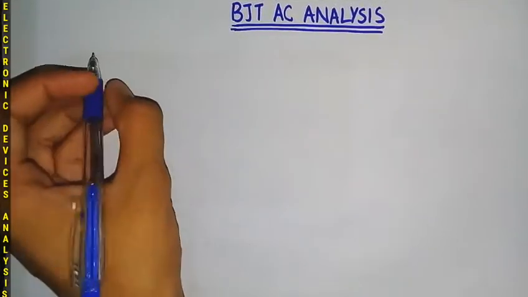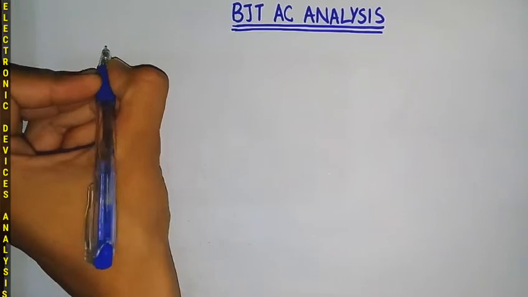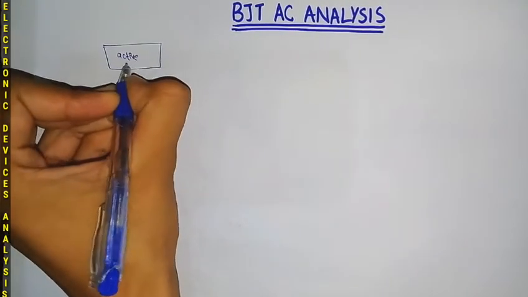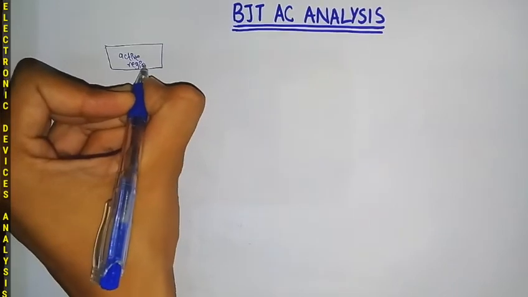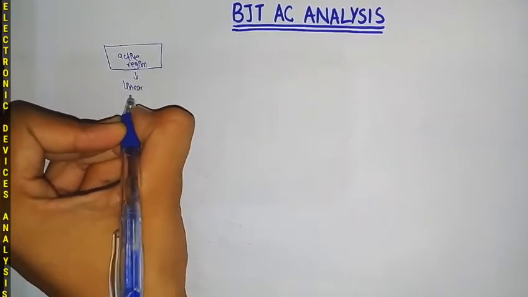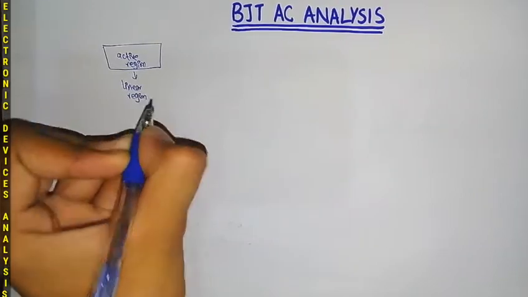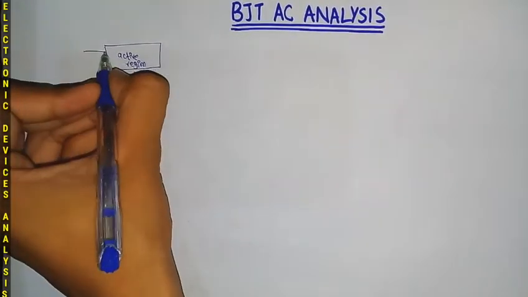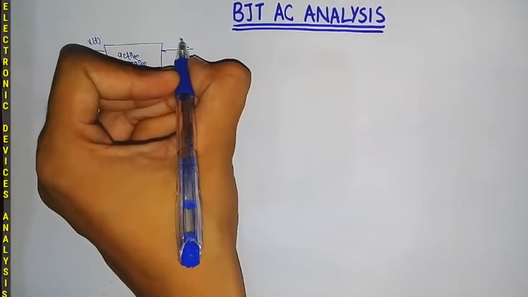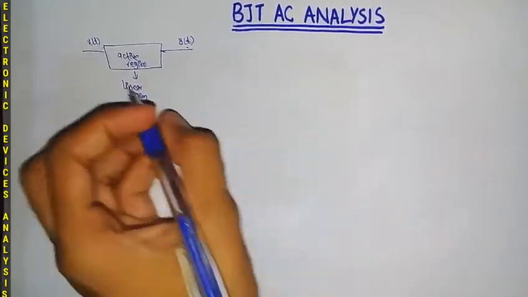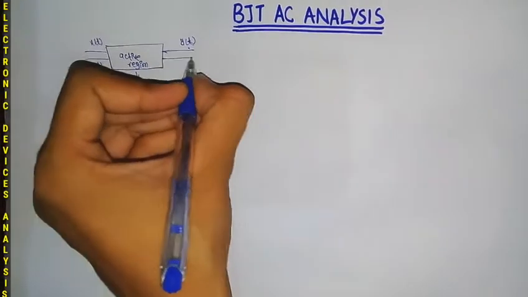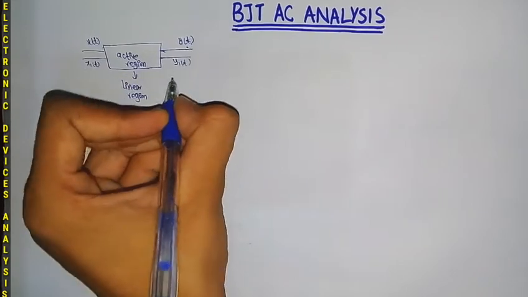First of all, we will take the region of operation of the BJT, and that is the active region. The active region is also known as the linear region of the BJT. If we apply an input of x(t), it will give us an output of y(t). If we apply an input of x1(t), it will give us an output of y1(t).